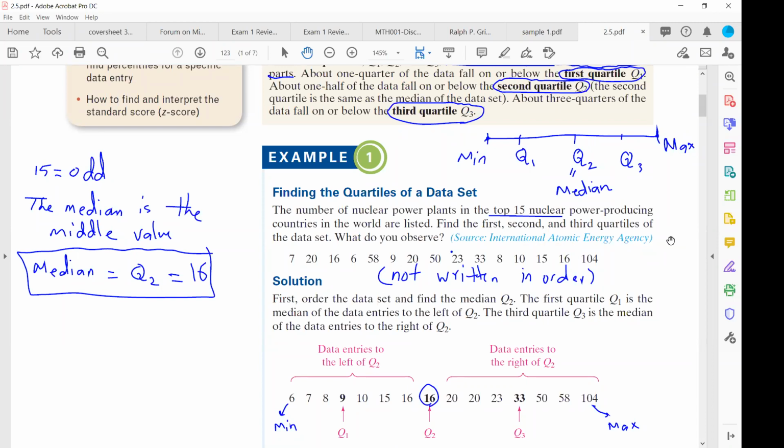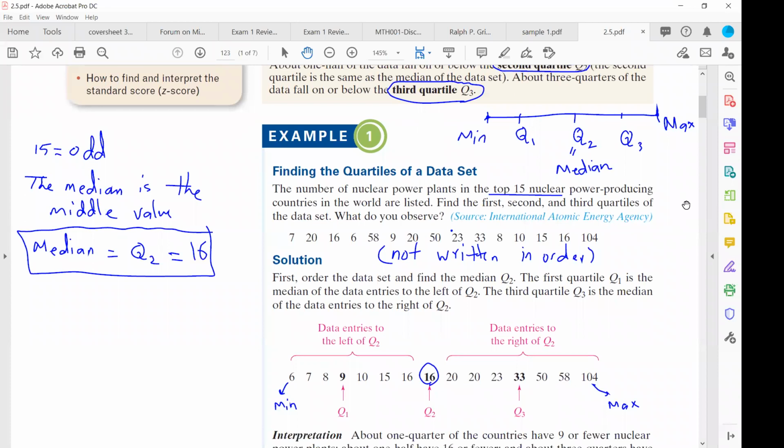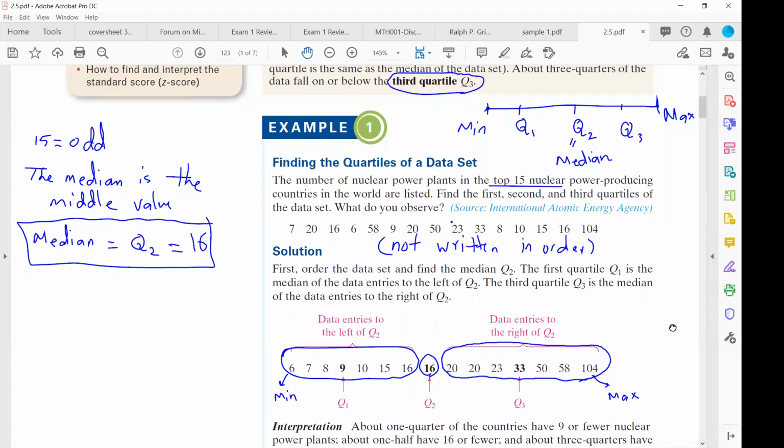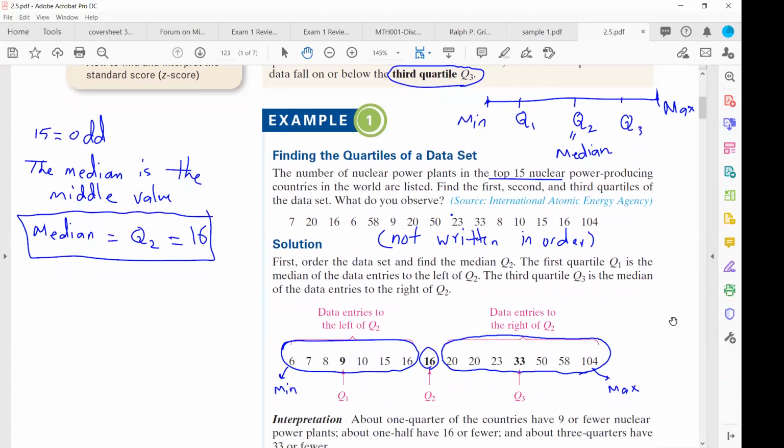So as you can see, your data is divided into two pieces, two collections. One collection on the left, one collection on the right. Again, you calculate the median of these two collections.